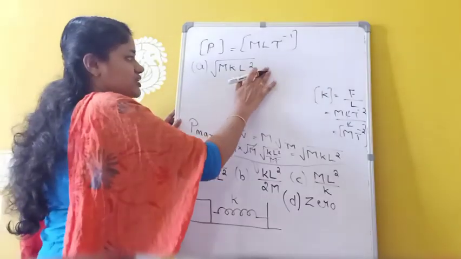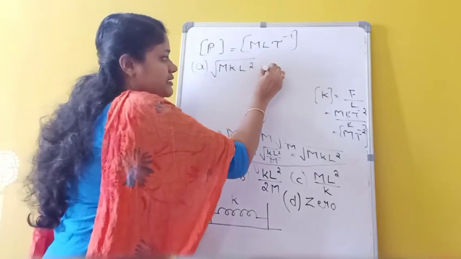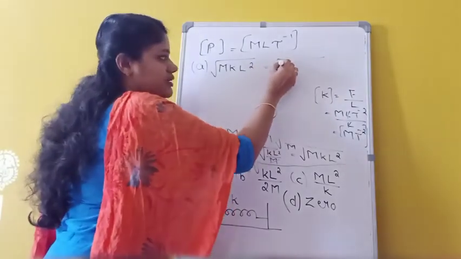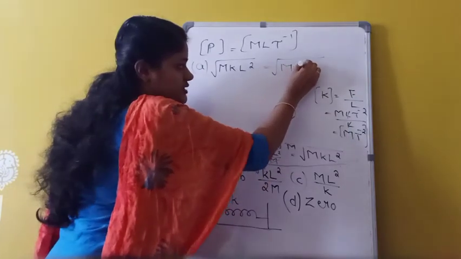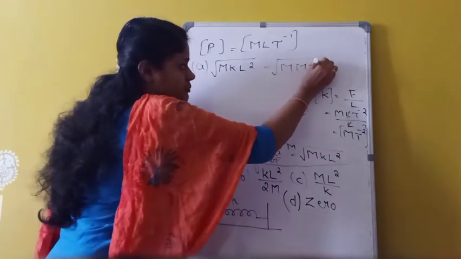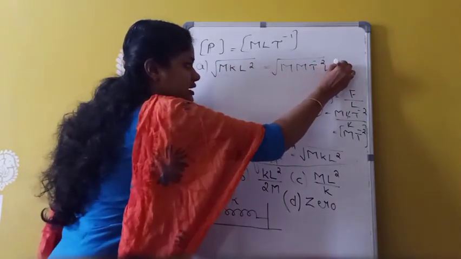So now I have to find out the dimension of root m k L square. That means root of m, mass dimension, mass only. Then k, what is the dimension? M T raised to minus 2, into L, length only, so the dimension is L square itself.